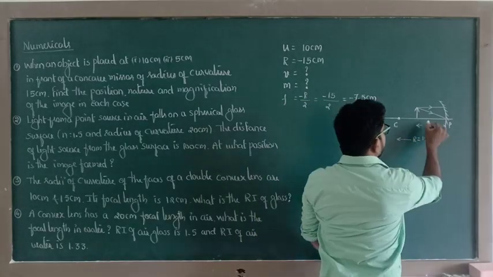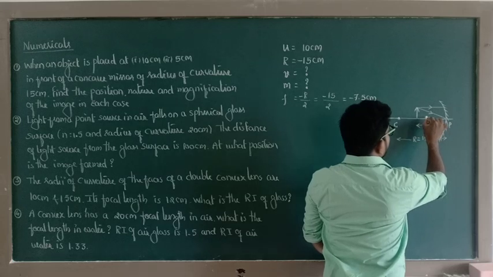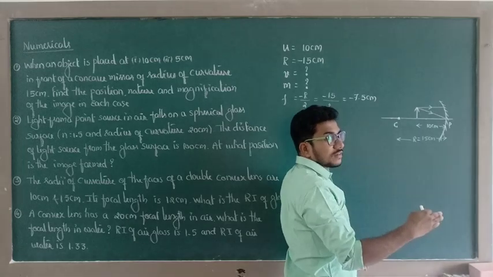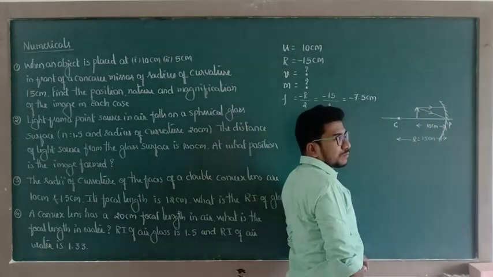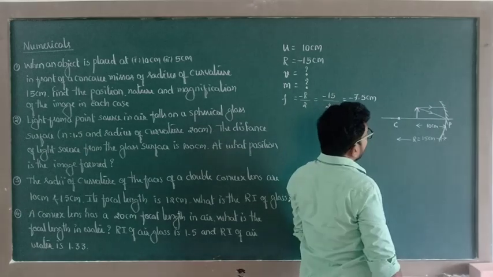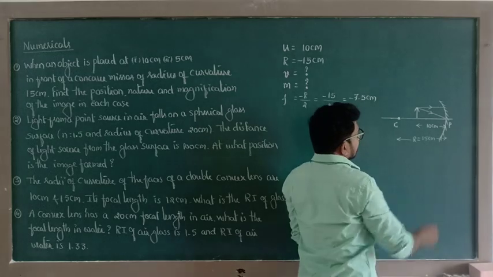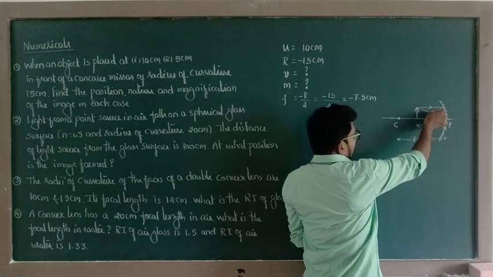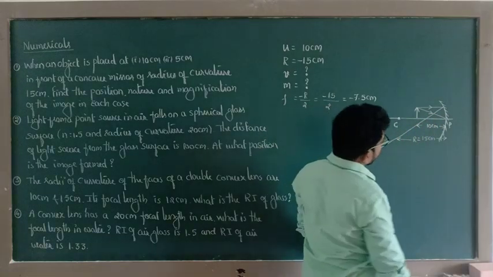So let us say this point is the principal focus. That principal focus lies somewhere between the position of the object and the pole. This light ray is parallel to the principal axis, and hence after reflection, the corresponding reflected light ray passes through a point.